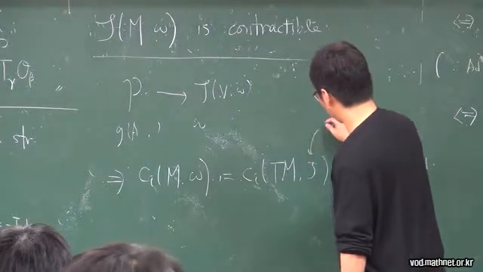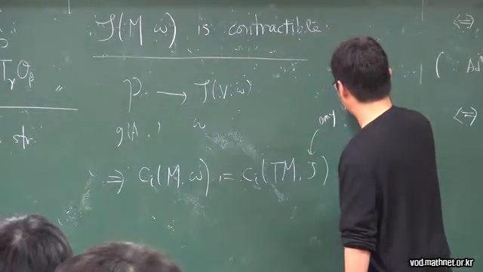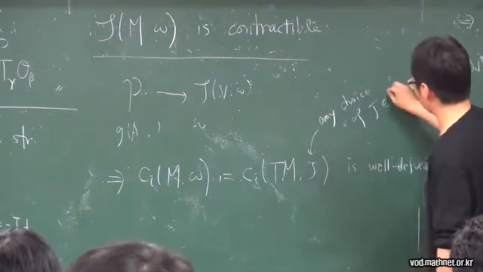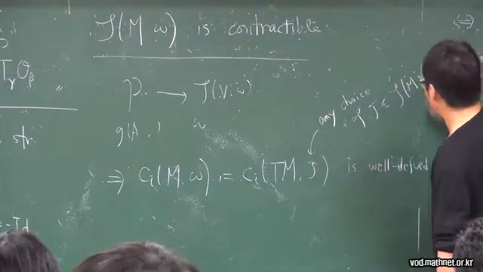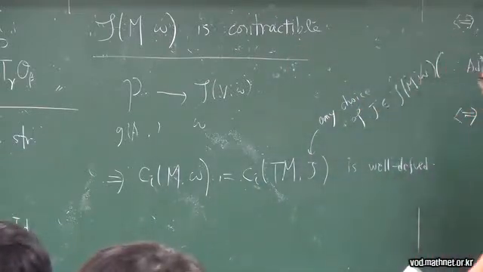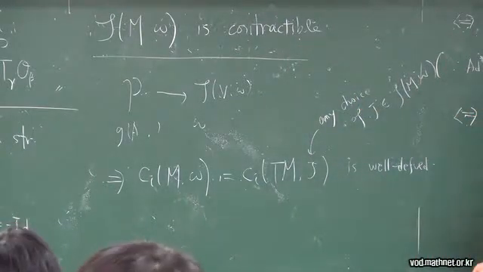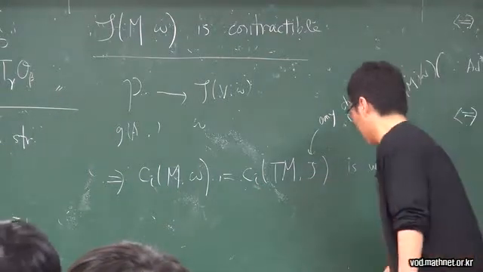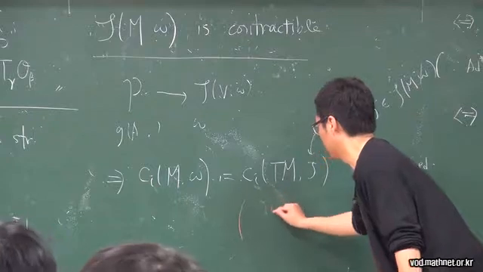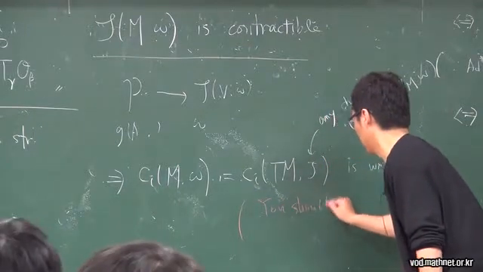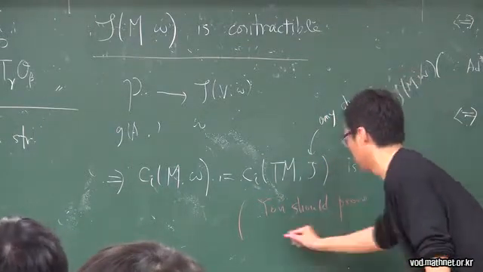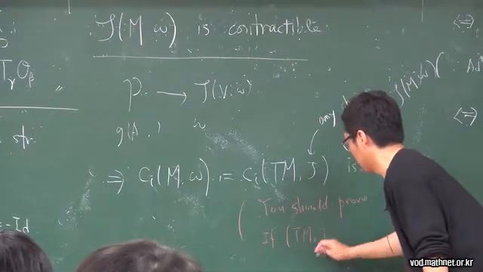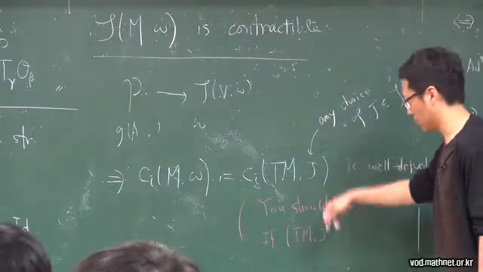So J is any choice of omega-compatible almost complex structure. You need to prove that if there is a path, actually it is a much more general vector bundle case.